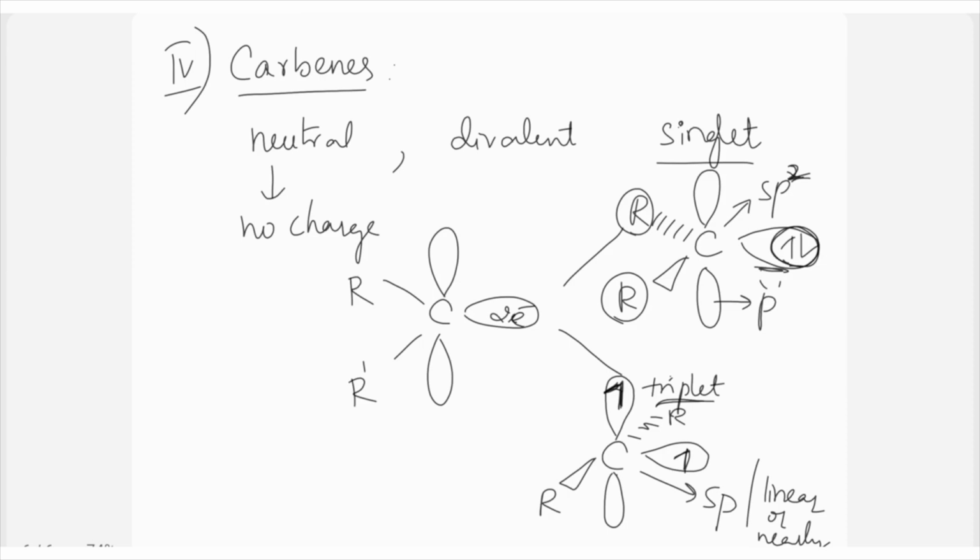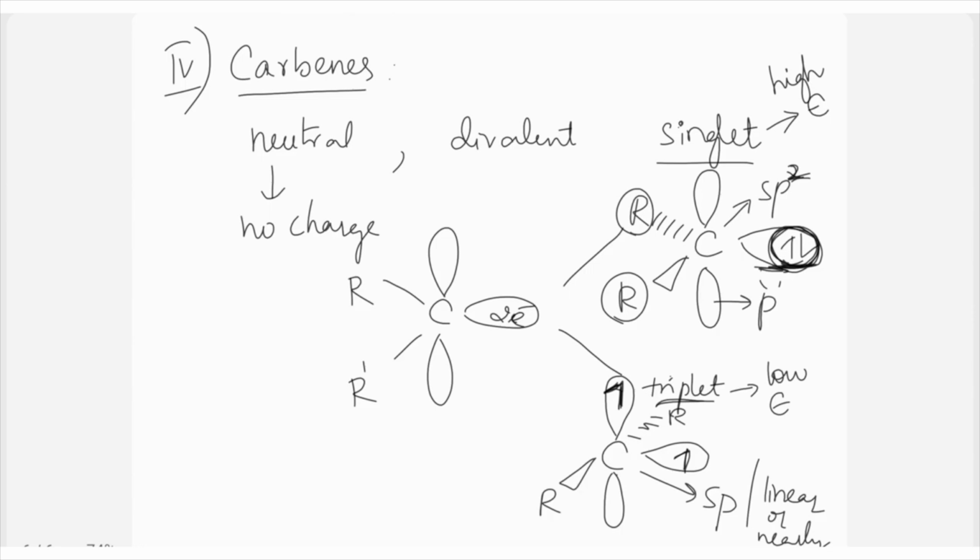And if we consider the energy of singlet and triplet carbenes, initially we consider that whichever has paired electrons, that will have the lesser energy, but according to the studies, triplet form is having lower energy compared to that of the singlet form. It is because to overcome the repulsions between the electrons and to get paired, the energy required is higher. So singlet form is of higher energy and triplet form is of lower energy.